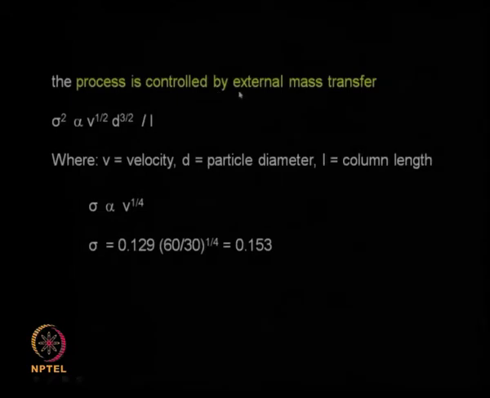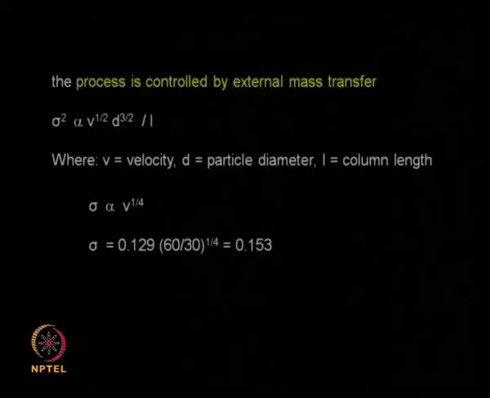The process is controlled by external mass transfer, that means the movement of the solute from the bulk to the surface because of the two phase system is controlling. In such a situation it has been observed that sigma square is proportional to v raised to the power half, where v is your velocity, d is the particle diameter, d raised to the power 3 by 2 divided by L, L is the column length.